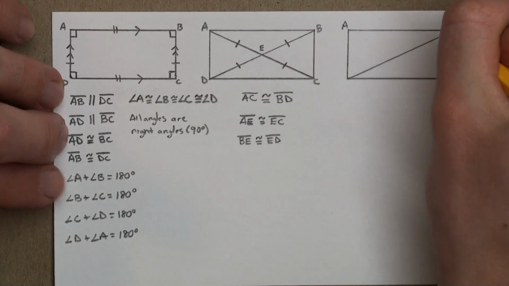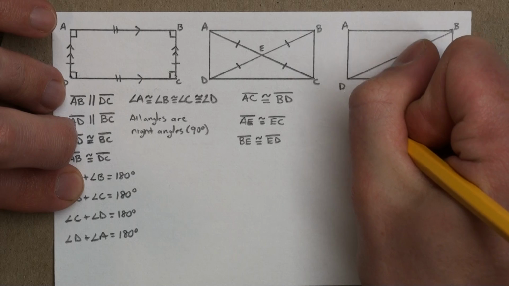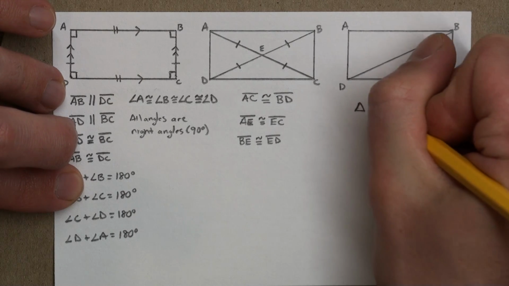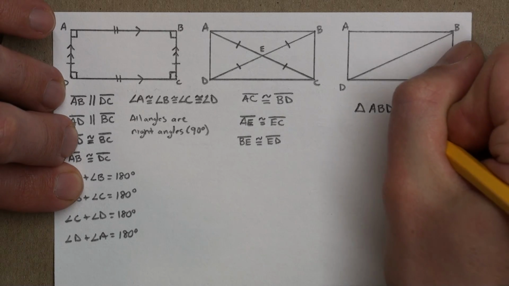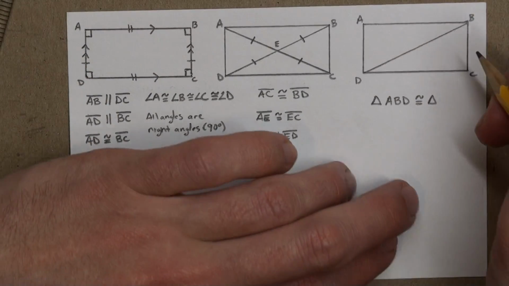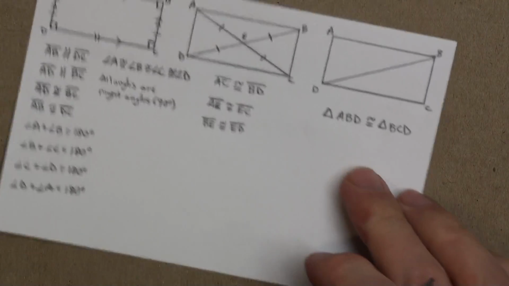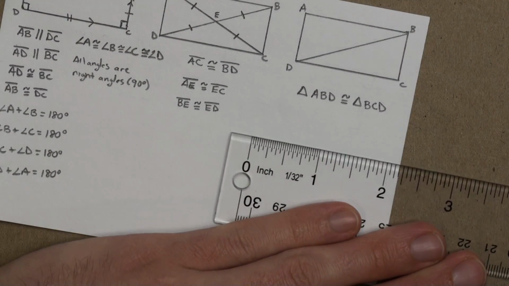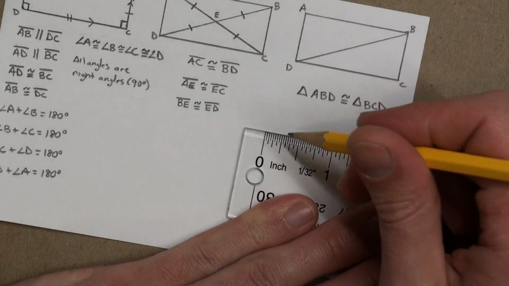And the last thing is, again, let's call this A, B, C, D. We know that triangle ABD is congruent to triangle BCD. Now we can draw another rectangle a little bit below this.